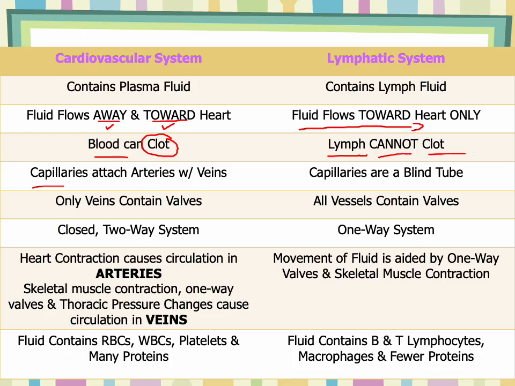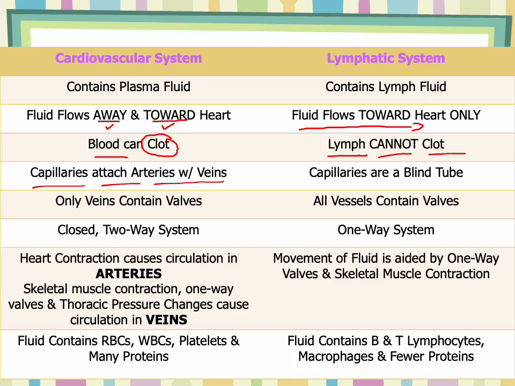Okay? Capillaries attached to arteries and veins. We have the circuit of arteries, arterioles, capillaries, venules, veins, heart, and so on. Circle of life, right? And with lymphatic capillaries, they're blind tubes, meaning that they only start in the interstitium and then they go bigger and bigger to drain later in a vein, all right?